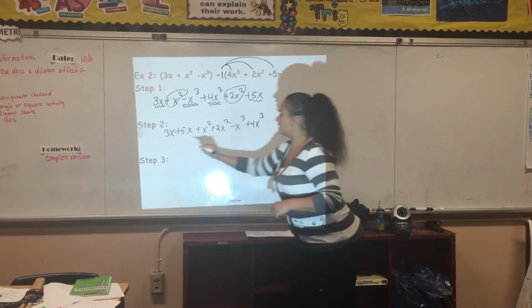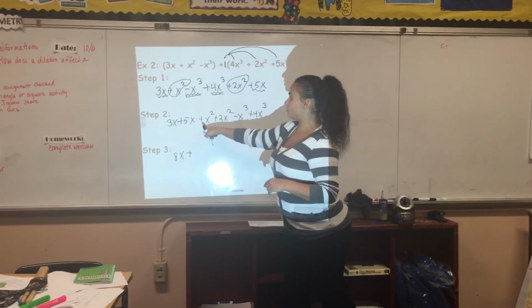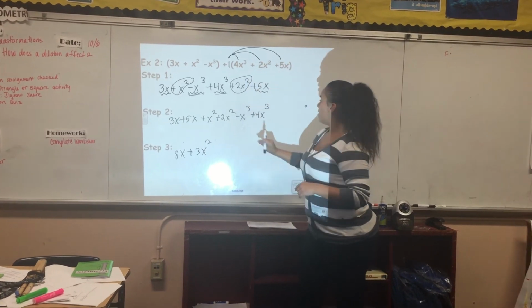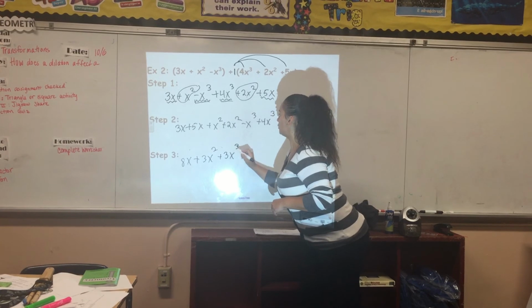Alright, so now let's combine our like terms. We get 8x plus, remember there's an invisible 1 here. 1 plus 2 is 3x squared. And negative 1 plus 4 is positive 3x to the third.